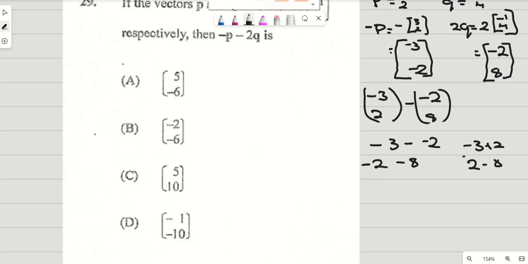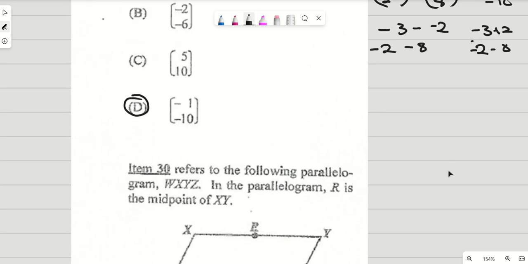So that's minus 2 minus 8 would be minus 10. So the answer is D. Right? Let me just put it here. So it's minus 3 minus negative 2, which is minus 3 plus 2, which is minus 1. And then minus 2 minus 8 is minus 10. So your answer is minus 1, minus 10, which is D.